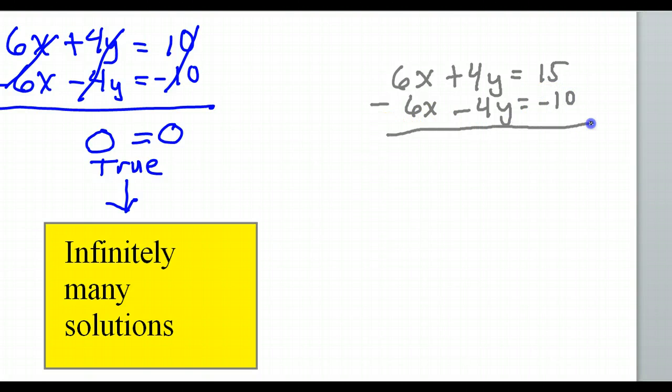So when I put these together, still the x's and y's would all cancel out. So I would have 0, but over here, I would have 5. So how do I interpret this? What do I put as the answer? Well, because this is a false statement, 0 does not equal 5, that tells me there must be no solution.